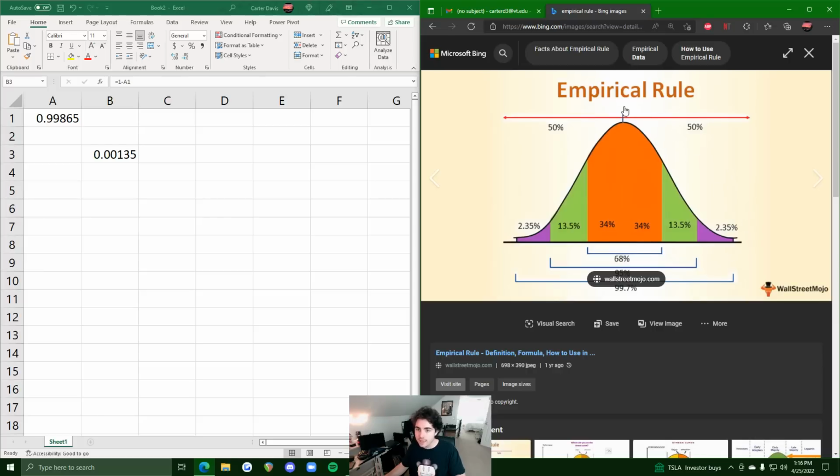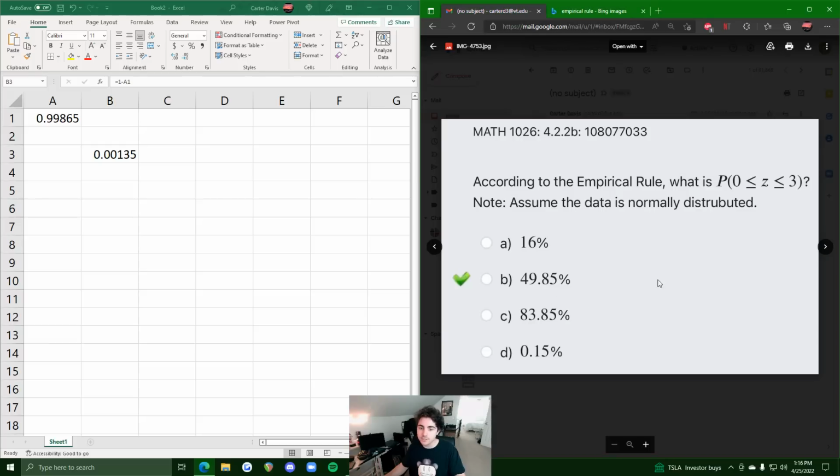And we already know that half of this curve should be about 50%. So really we could use that logic and say it should be 50%, or we can type it in here, and let's talk about how to do that. We already have the value for 3, so we're going to keep this value here. So 3 and 1, again, this is giving us pretty much the entire curve, 100%.